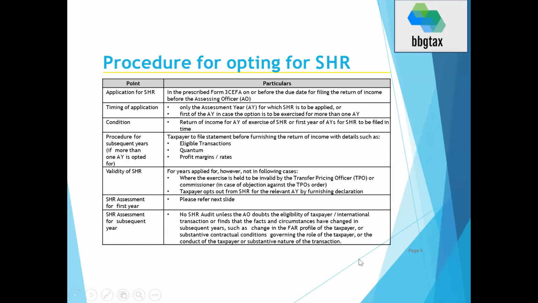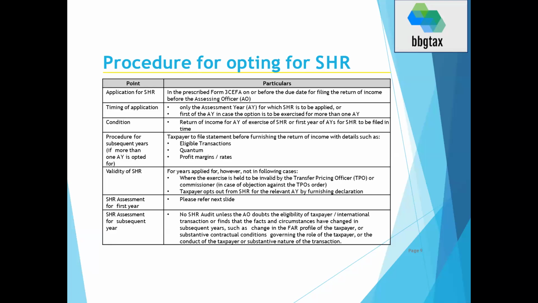Now coming to the procedure for opting for the safe harbor rules, that is also given in the rules. The procedure essentially involves an application which needs to be filed in the prescribed form 3C EFA on or before the due date for filing the return of income before the assessing officer. A particular timing is given, there are certain conditions.